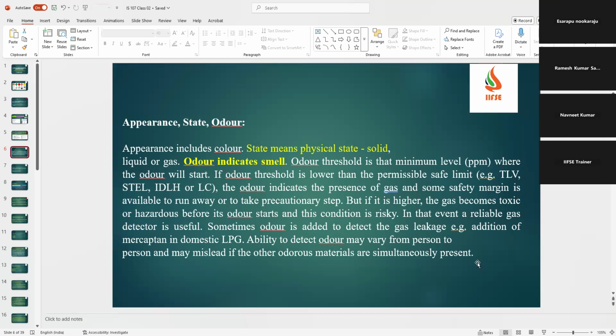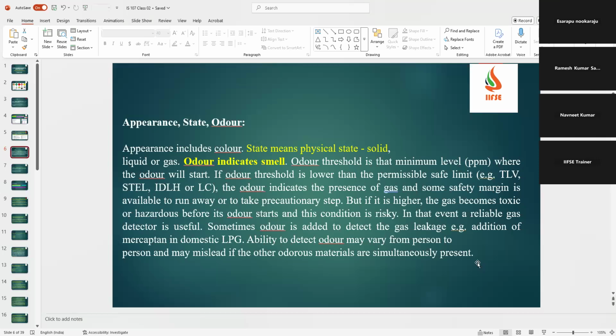And sometimes the leak is detected by mercaptan, and also one more chemical for chlorine leakage. Starts with H. Hypo, yeah, hypo solution. We use a hypo solution to detect the leakage of chlorine cylinders.